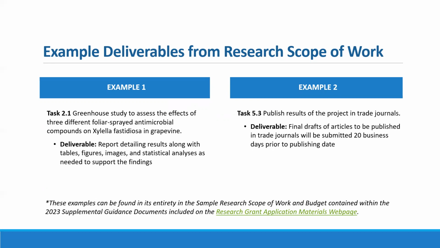And then on the right-hand side, we see example 2, for task 5.3, publish results of the project in trade journals. The associated deliverable is final drafts of articles to be published in trade journals will be submitted 20 business days prior to the publishing date. I just want to highlight this 20 business days comes directly from our terms and conditions.